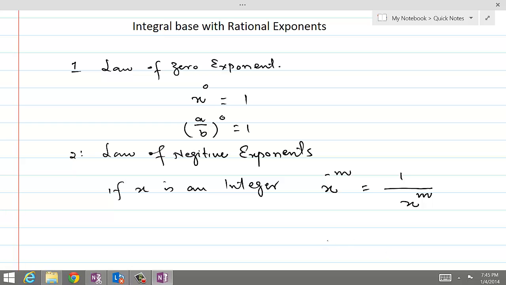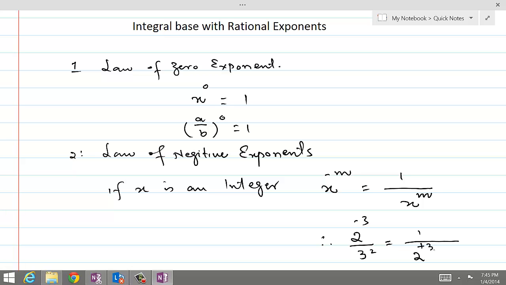So if we have just 2 power minus 3 over 3 power 2, here the power is negative. If we don't want any negative power in this expression, we can write 1 over and bring down 2 power minus 3 in the denominator, so that the sign of exponent will change.